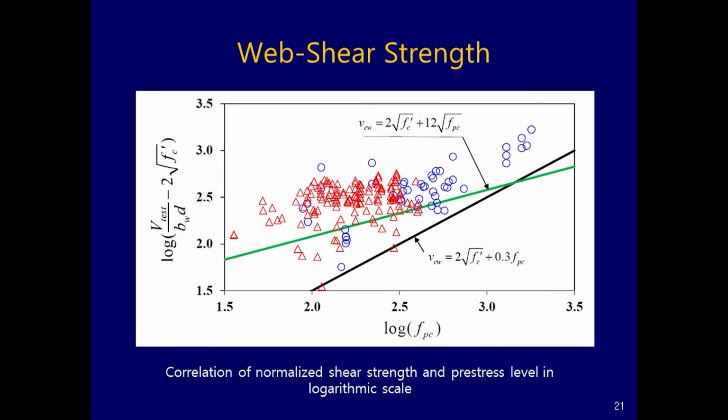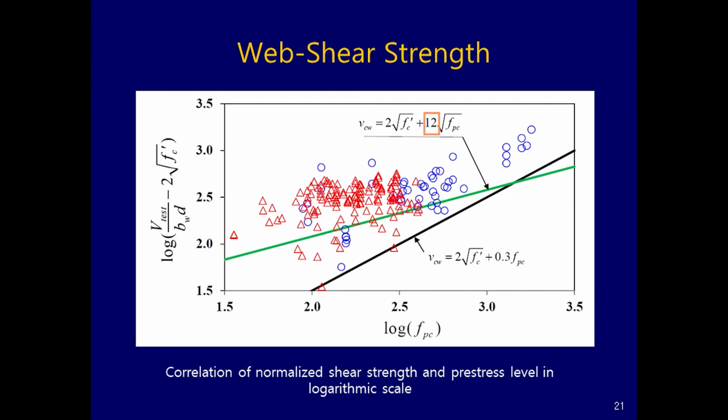And how about the relationship between fpc and Vcw? Well, in the previous derivation, it's from the principal tensile stress. However, empirically, it is better fitted with the square root of fpc. So the relationship between fpc and Vcw is not linear, and with the square root of fpc, the constant should be changed like this.